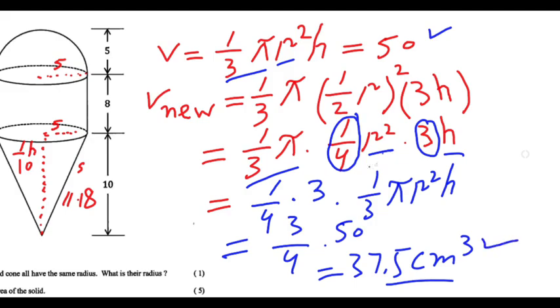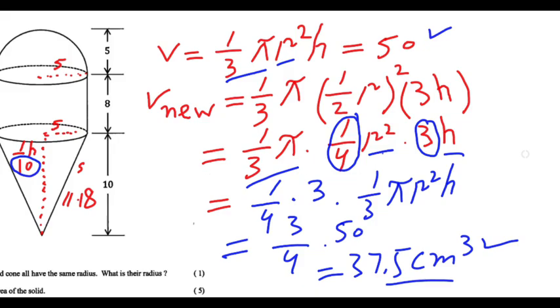But remember, even if you substitute all of these values here, the radius is 5 and the height for the cone is 10. We must remember we need the perpendicular height if you need to find the volume of the cone.